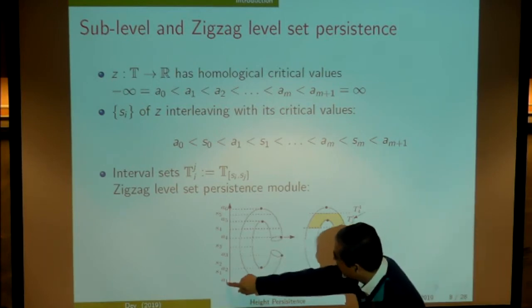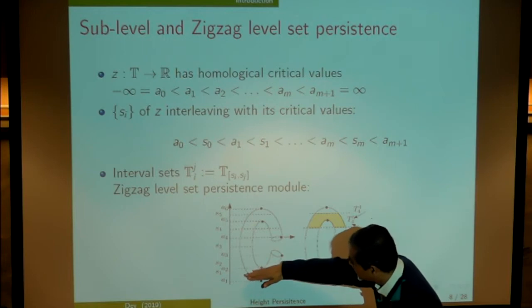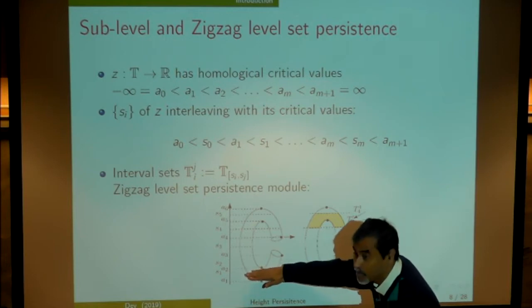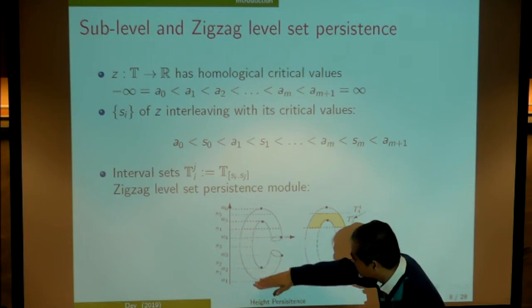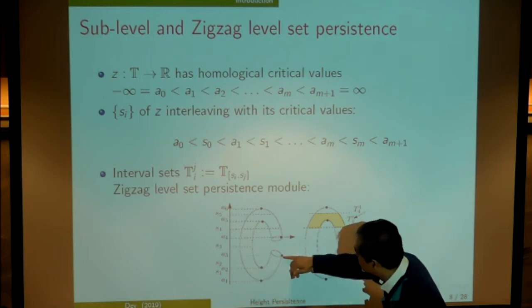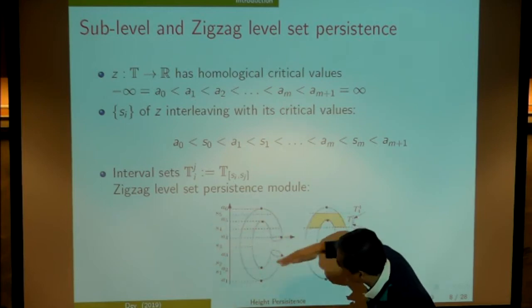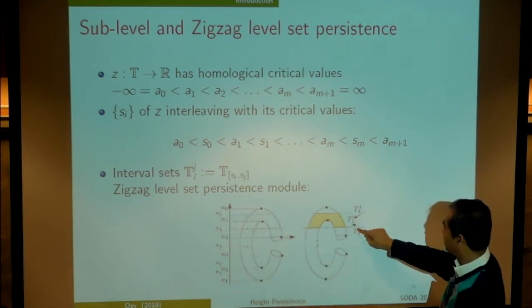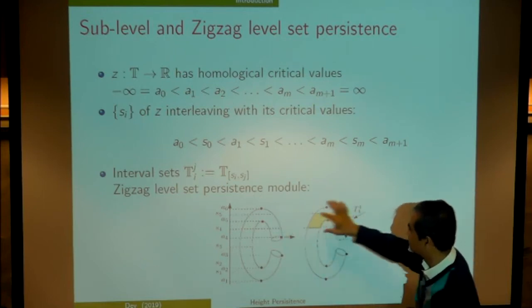The a_i are the critical levels, because exactly there the sublevel sets change their homology classes, like here, here, here, here. These are the critical levels, and I take the intermediate levels here, the s_i. And the interval T_4,5 is nothing but between s4 and s5.